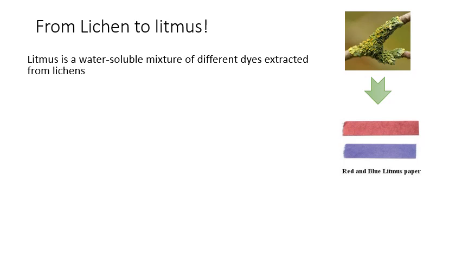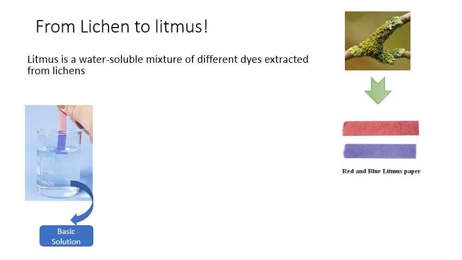What happens when we dip these litmus papers in different solutions? Let us see. Look at the picture. I have taken a basic solution in a beaker. Being colorless, I don't know whether it is a basic solution, an acidic solution, or purely water. So I take a red litmus paper and dip it in this solution, and the color of the litmus paper changes.